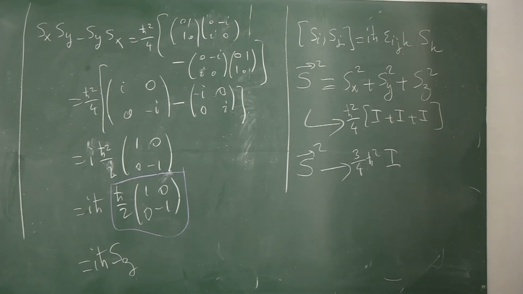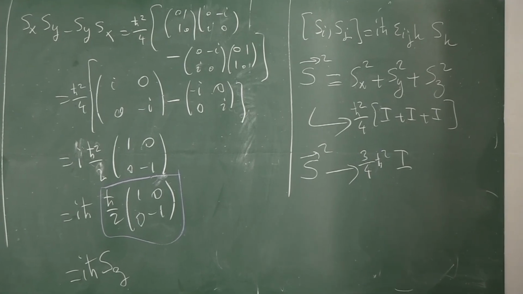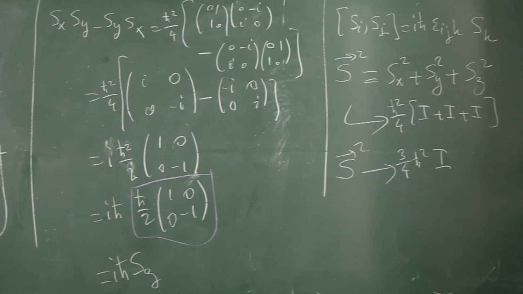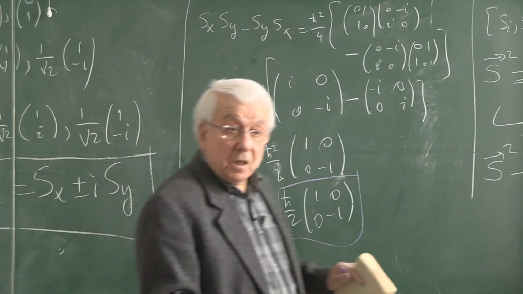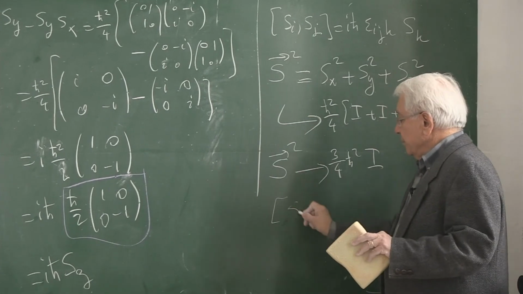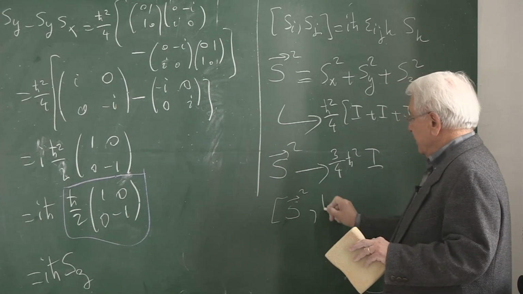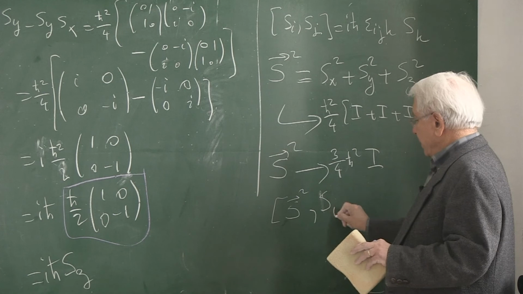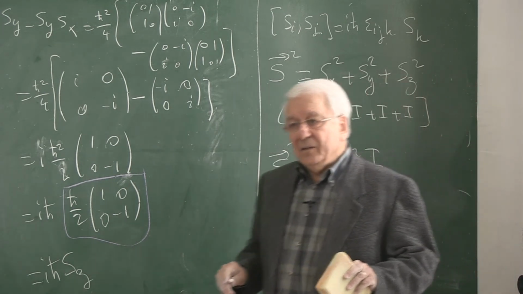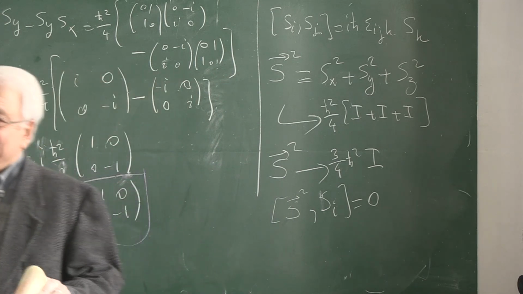Strange, isn't it? Being an identity matrix, that thing commutes with anything, right? Any operator, including any component, Sx, Sy, and Sz. How interesting. Well, it's more general than that, really.